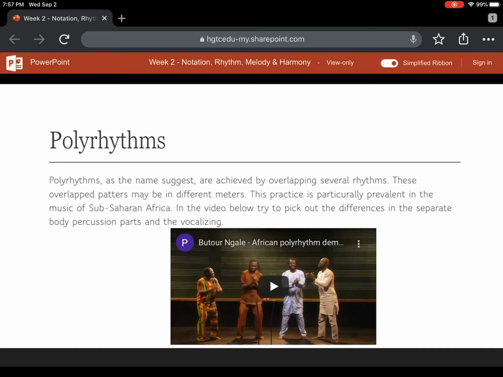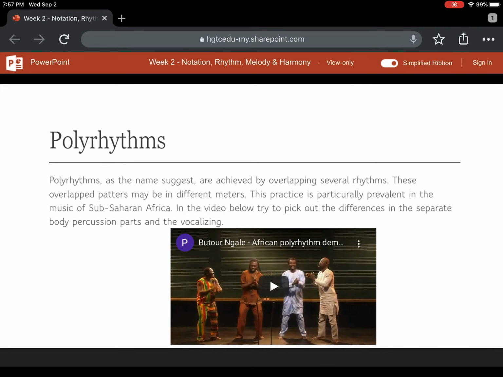We know that there are certain sync points where these rhythms will sync up. In the time it takes my triple meter to play twice, that would be 6 beats, it would take my duple meter to play 3 times, because 2 times 3 is also 6. So these things do have sync points, but polyrhythms are really interesting.